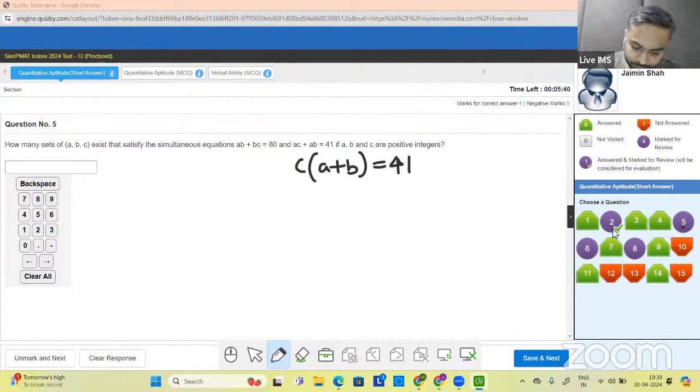ठीक है. Now if I take C is equal to 41, then, so यहाँ पे I have done a typo here.